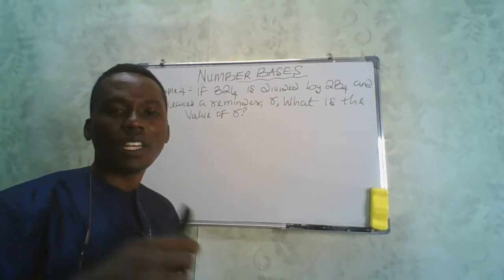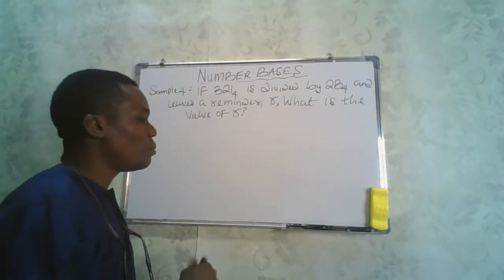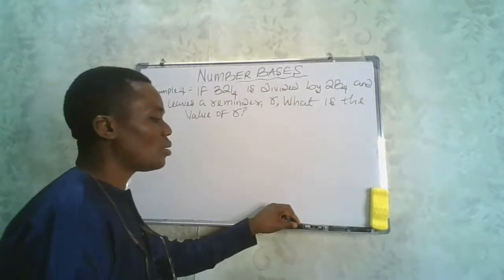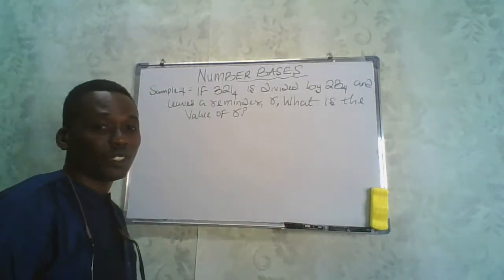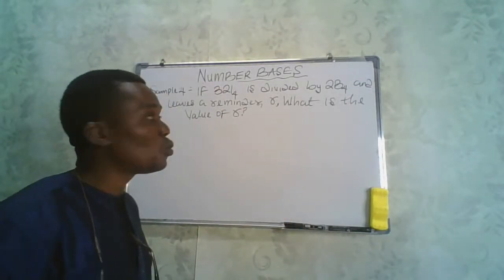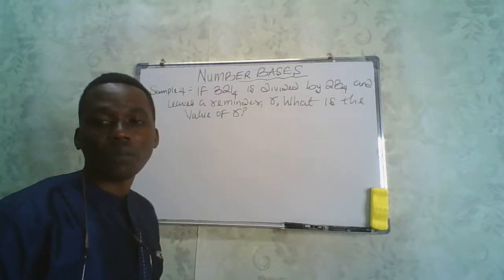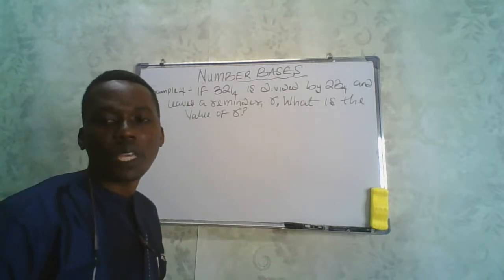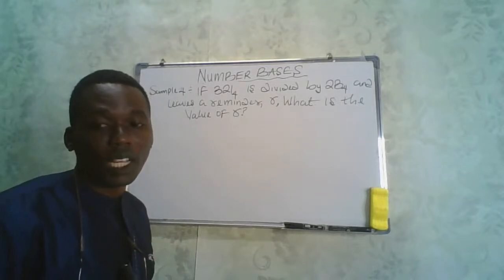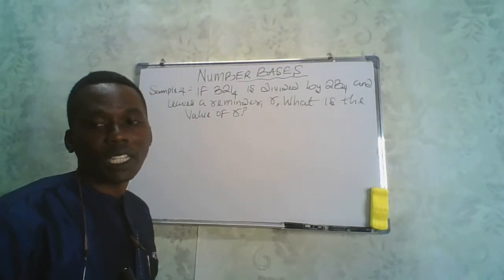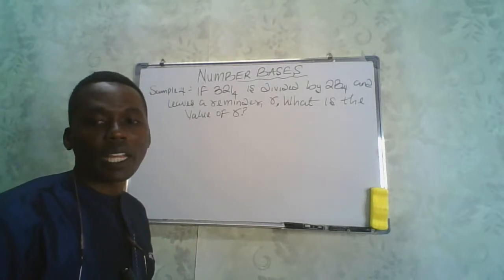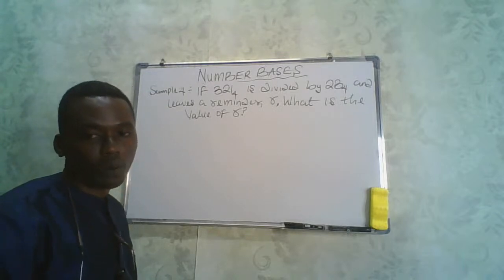Now, this is very, very interesting because you are given the two numbers, both in base what? In base 4. So it makes that question very interesting. So we are given 3, 2, 1 in base 4 divided by 23 in base 4. Since both of them are in the same base, we can easily solve that question.